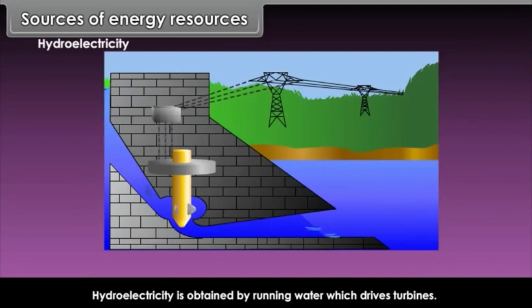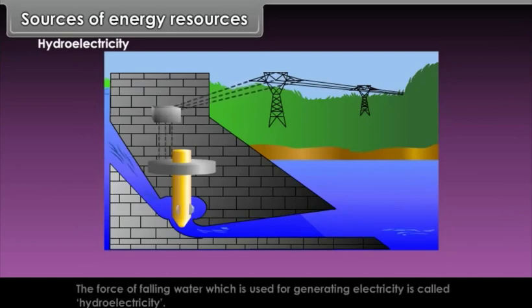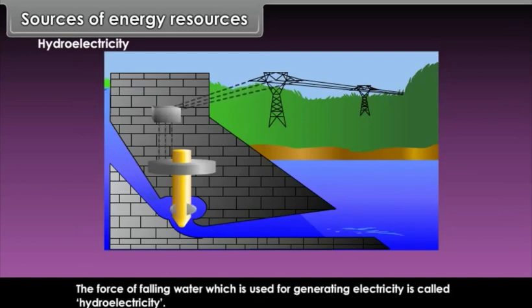Hydroelectricity. Hydroelectricity is obtained by running water which drives turbines. The force of falling water, which is used for generating electricity, is called hydroelectricity.